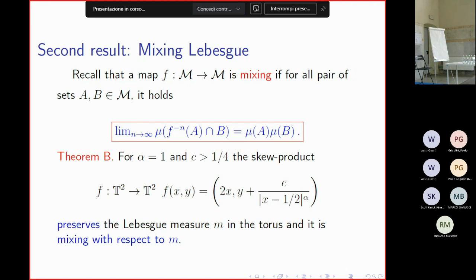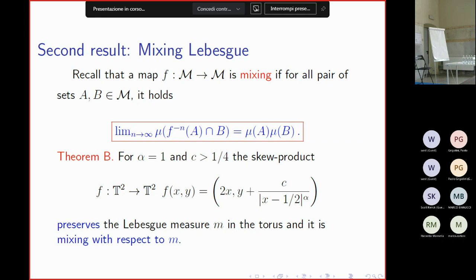And the second result is mixing with respect to Lebesgue, in the sense that a map is mixing for a measure if, for a pair of sets in the manifold, the limit of the measure of the pre-images of A intersecting B is the product of the measures of the sets.